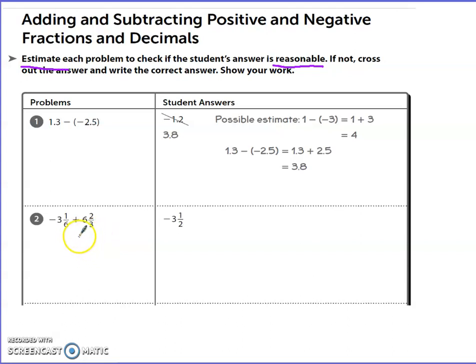The larger number here is 6. 6 and 2/3 is bigger than 3 and 1/6. So when we subtract and we give the sign of the bigger number, our answer is going to be positive. Their guess is negative, so their guess is incorrect. I know that our answer is going to be approximately positive 3.5. They made a mistake with their signs. So that's what they're asking you to do. They're asking you to estimate and find errors if there are any. Let's try another one.